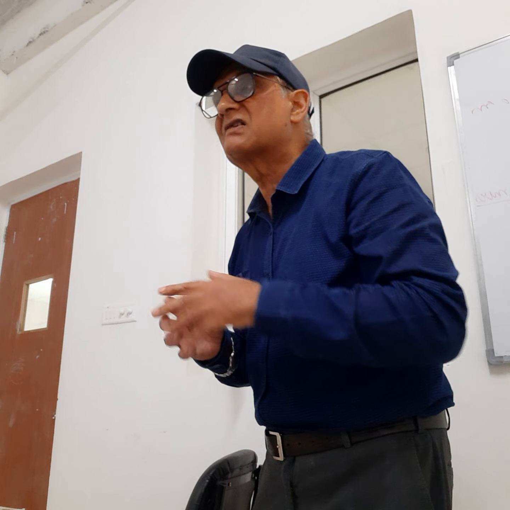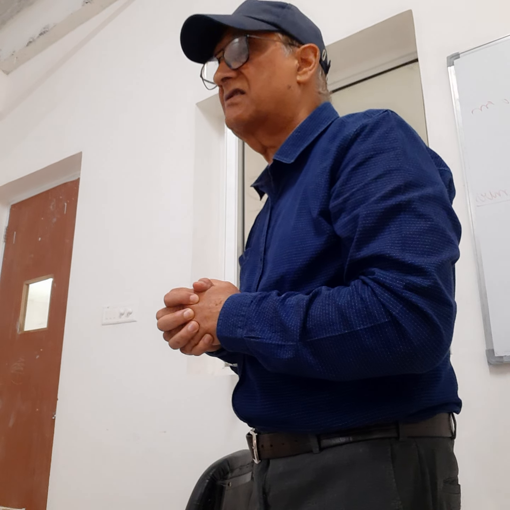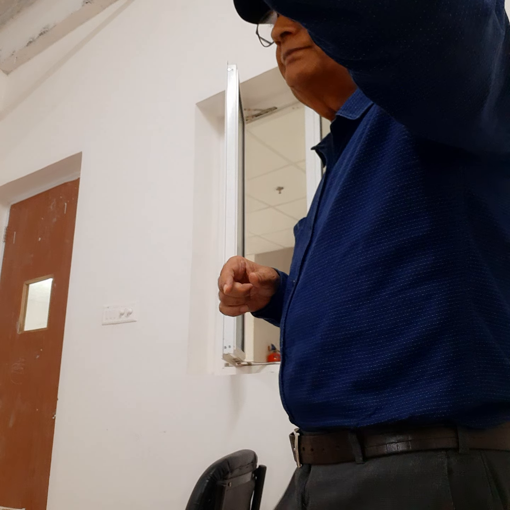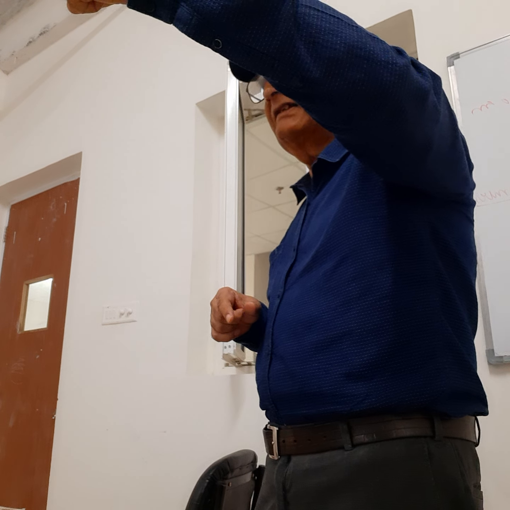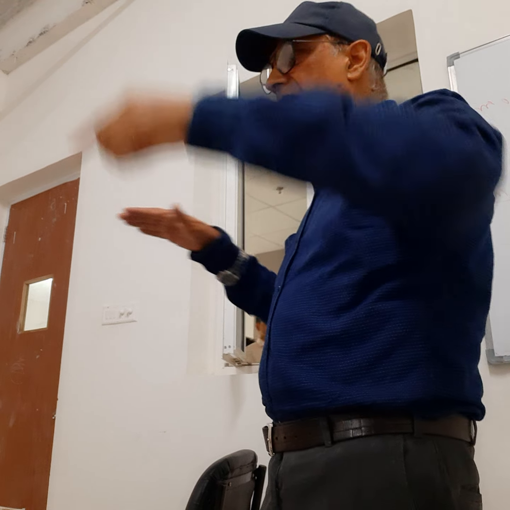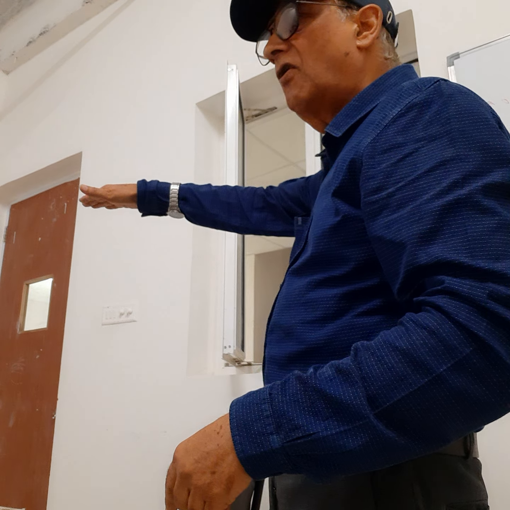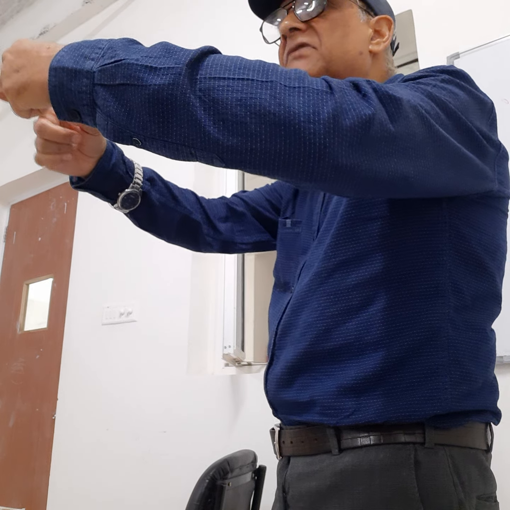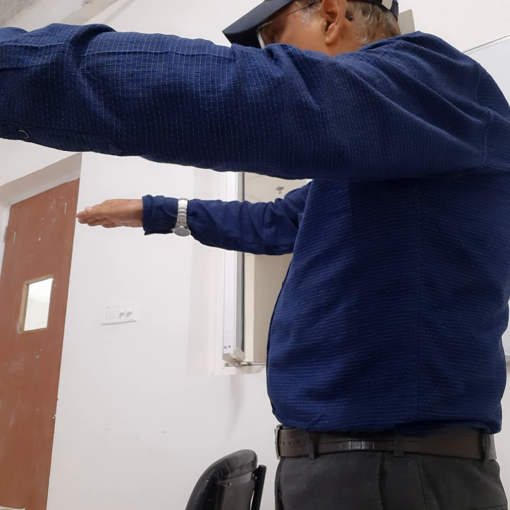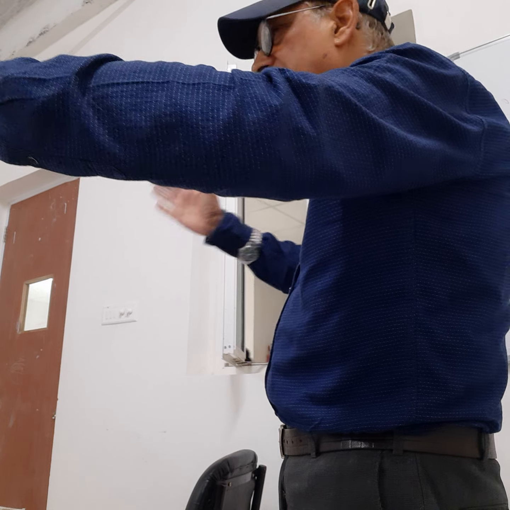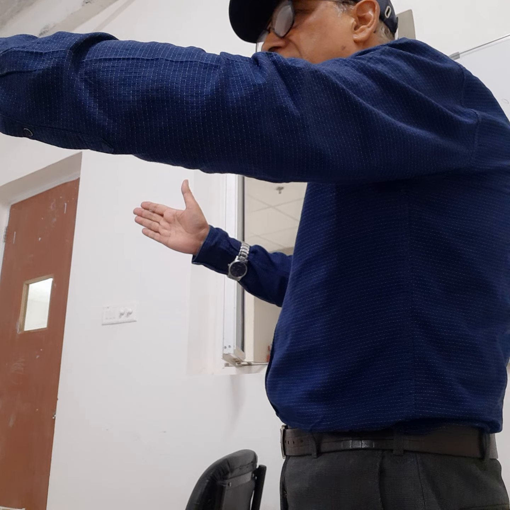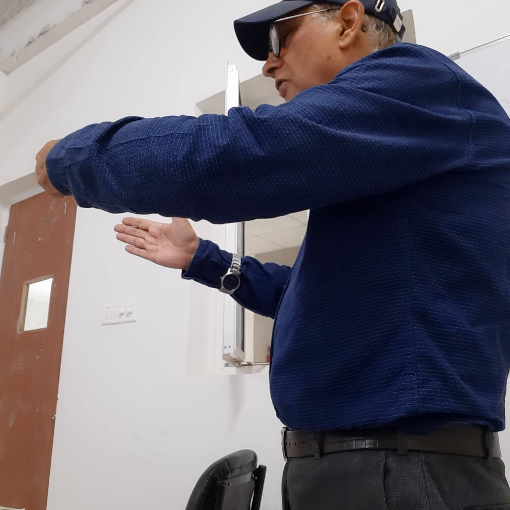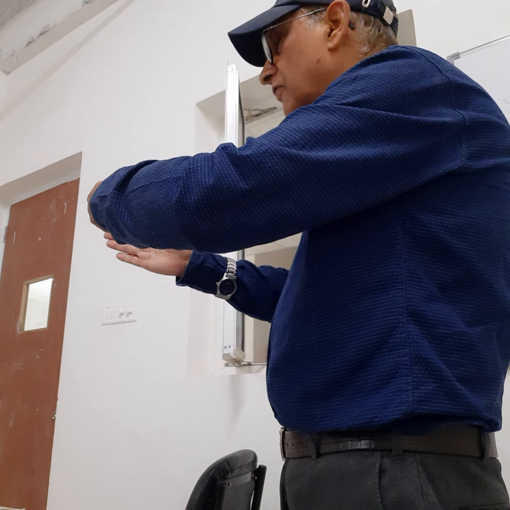Then another test is the convergence test. What do you do? Keep the finger at the level of the eyes of the patient. Again, you put the left hand on the head of the patient, and the patient is asked to look at the tip of the finger. Then you gradually bring the finger closer to the eyes, at the level of the root of the nose.